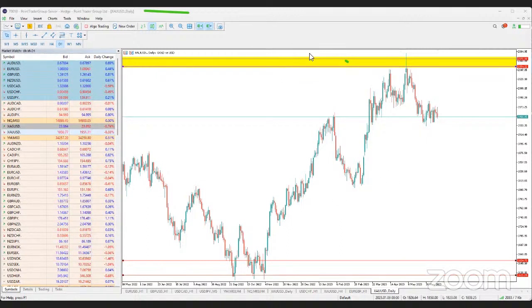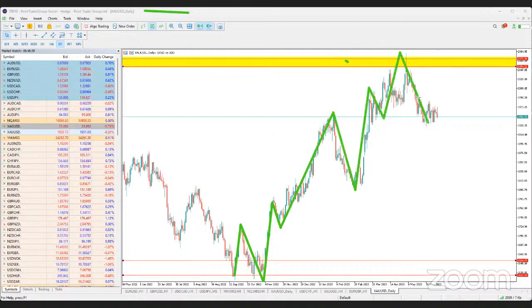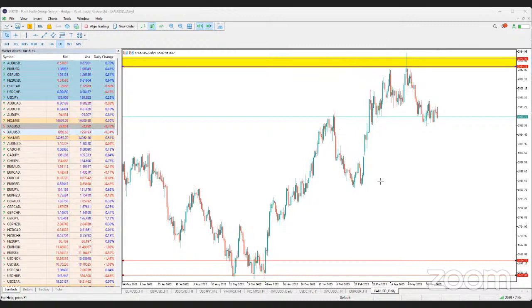So these peaks and troughs would simply make trends. So what is a peak and what is a trough? A peak is simply something that looks like an inverted V shape.